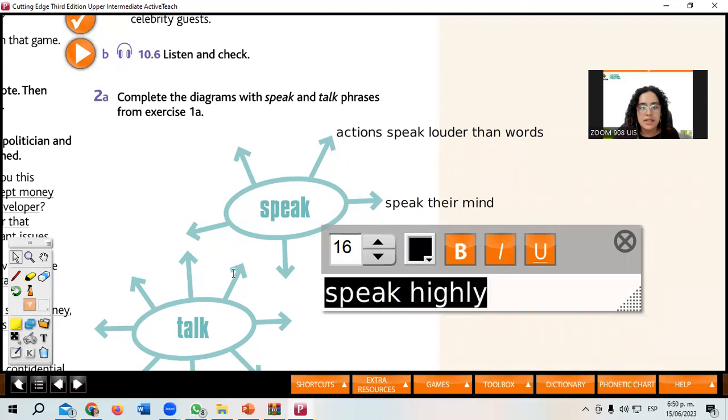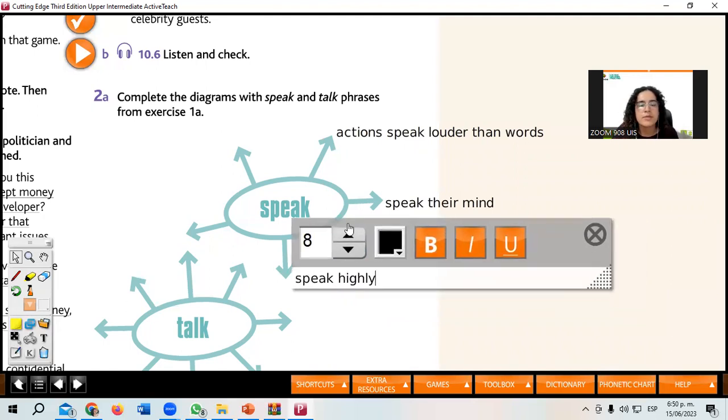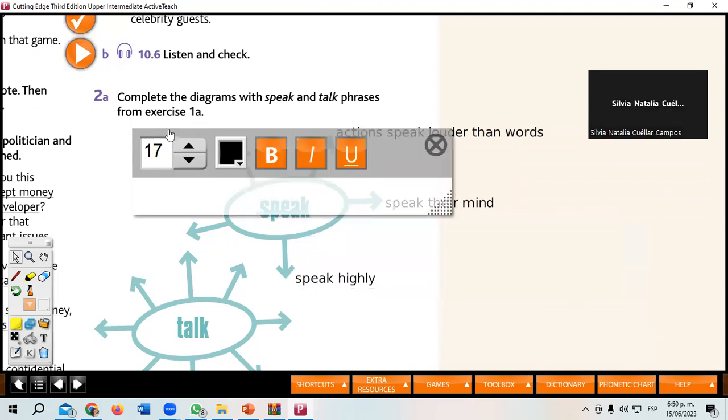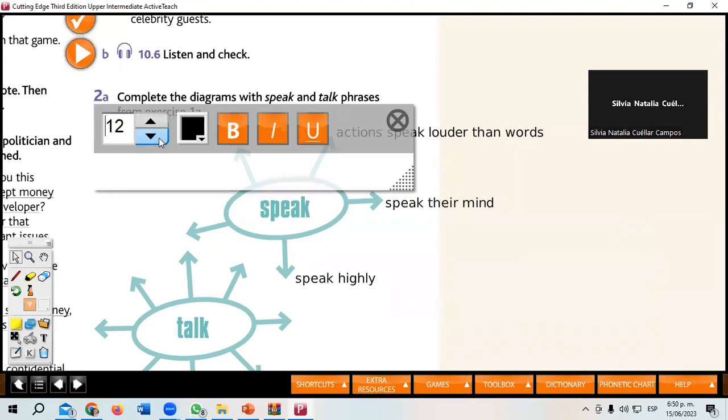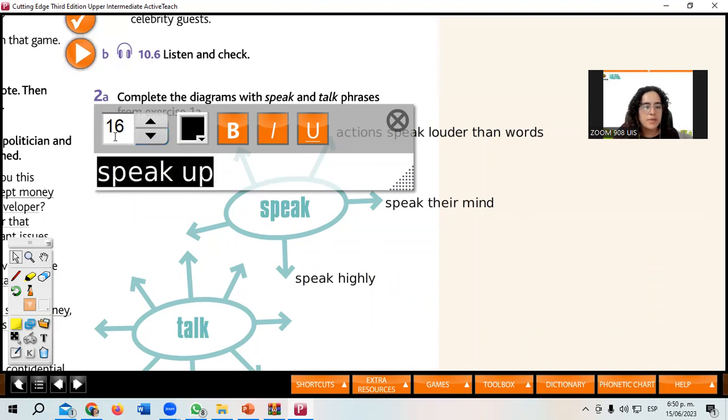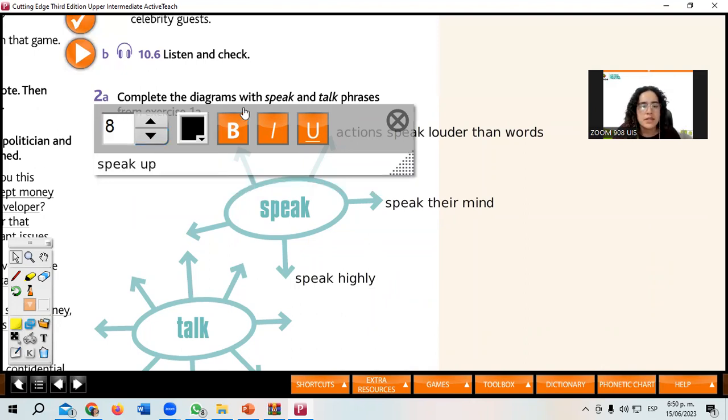Highly, hablar bien de alguien, to speak highly of someone. It is correct. Another one. Speak up. Alzar la voz, speak up. And any other?